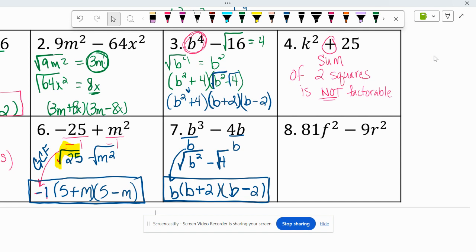Divide by 9? Is that what you said? Good job. So, Gianna's saying, hey, there's a GCF of 9 in there. You have to take that out first. So when I do that, I have now 9f squared minus 1r squared. Okay, keep going. You're doing great, ma'am.